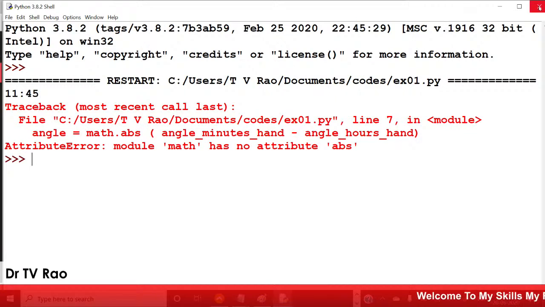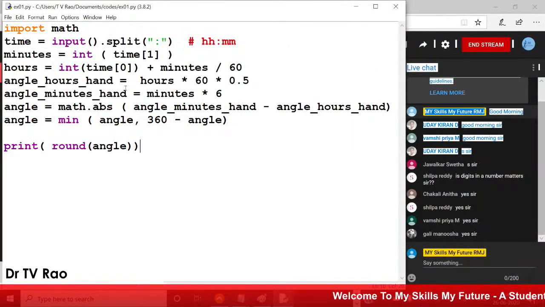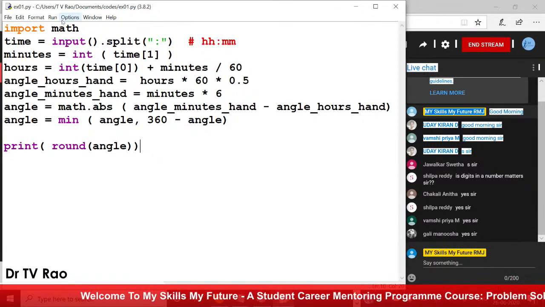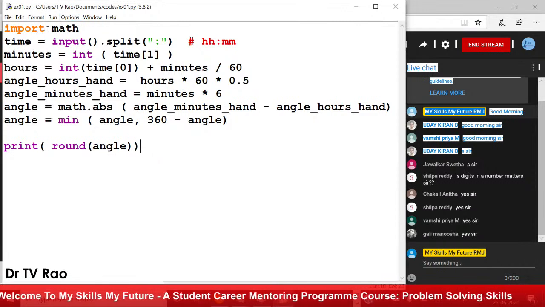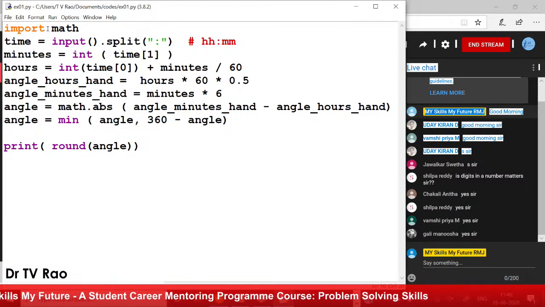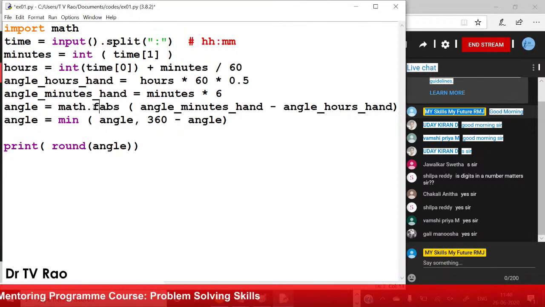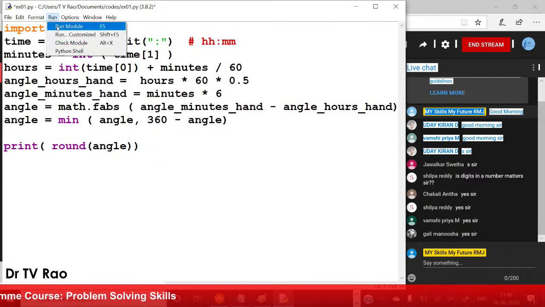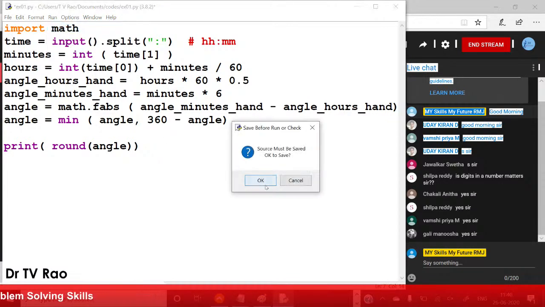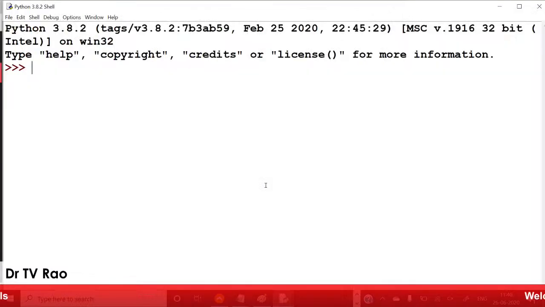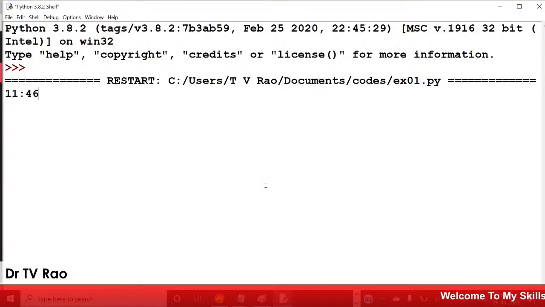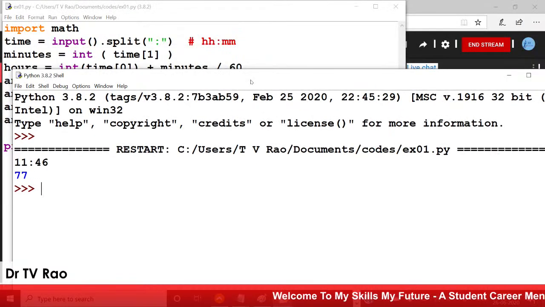Math has no absolute. I think it is fabs. So 11:46. Okay, so what is the angle? What is the angle? 77, right?